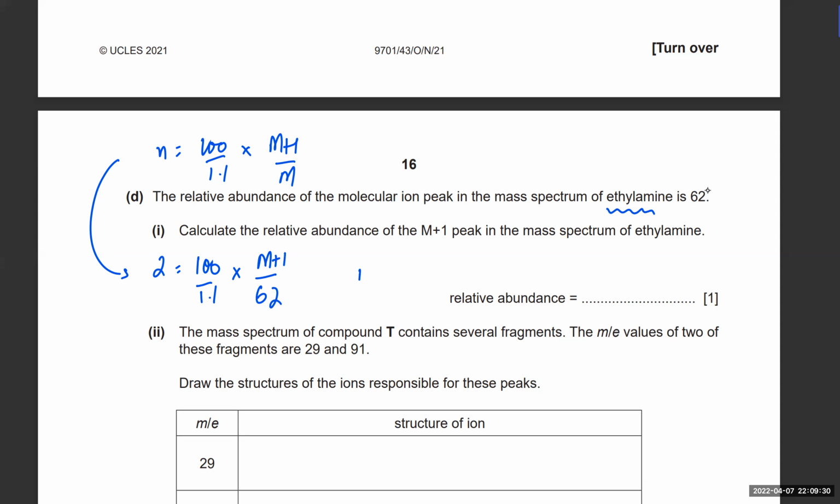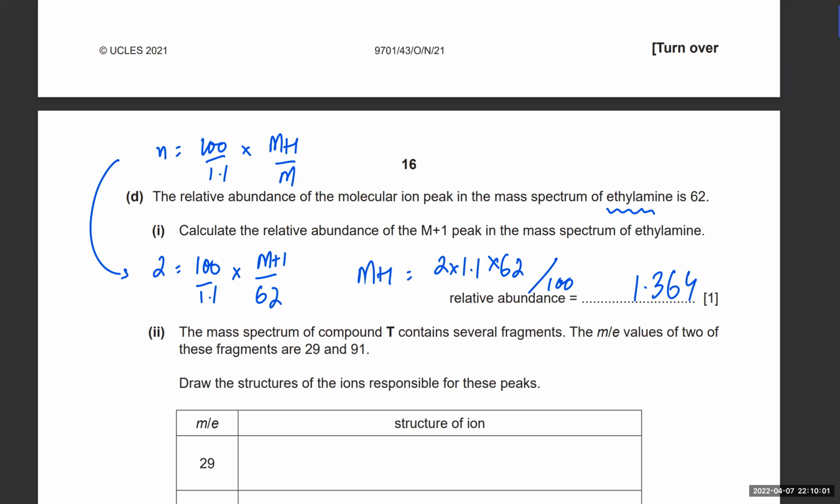You just have to figure out the M+1. Can anyone try and calculate this? What do you get? It's going to be 2 times 1.1 times 62 divided by 100. What are we getting? 1.364.